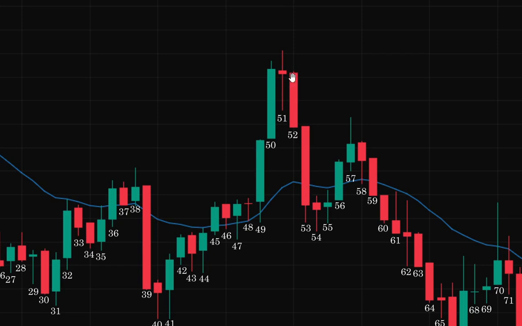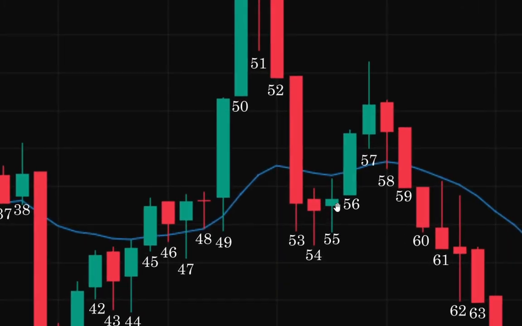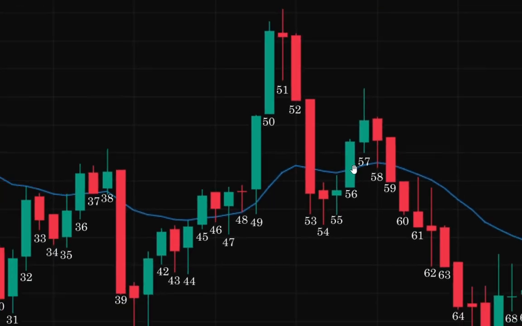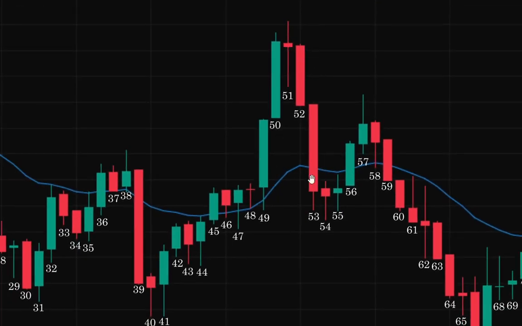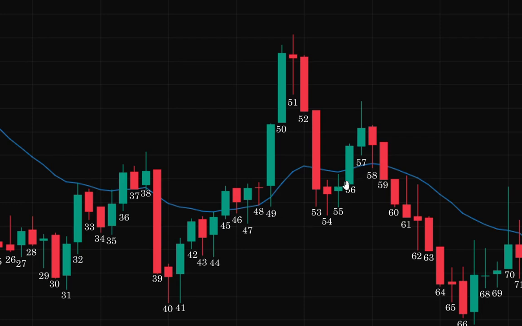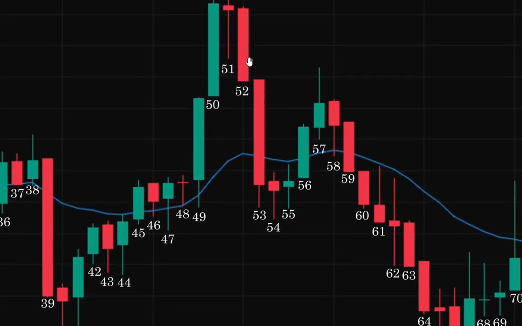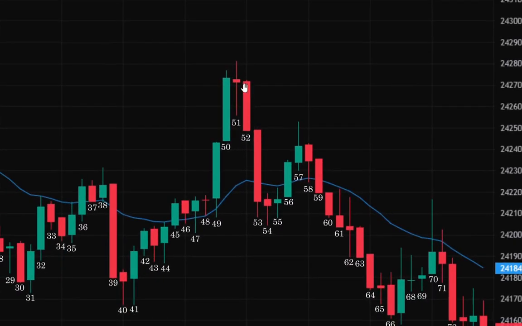As you can see, there is no H1. You can consider bar 55 as an H1 buy setup, but because of this reversal pattern, you cannot consider this for a long. You should never try it, because this goes into a trading range, and eventually after this move, you can consider this as a pullback.